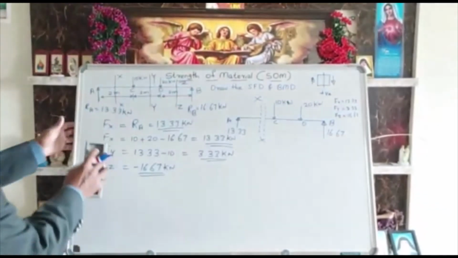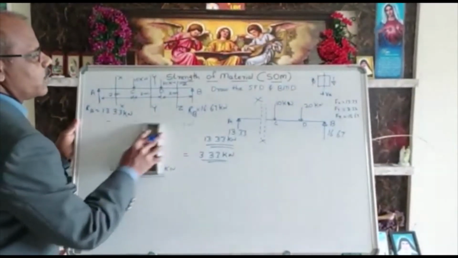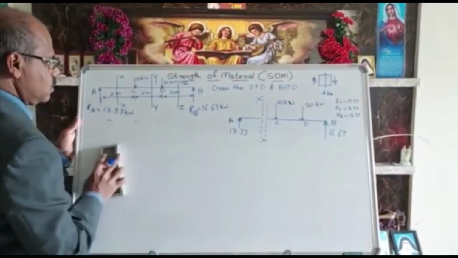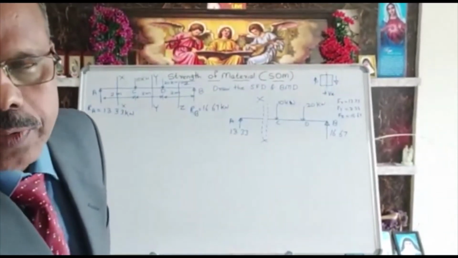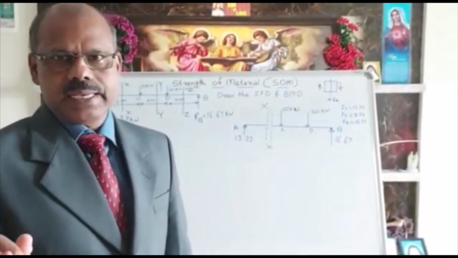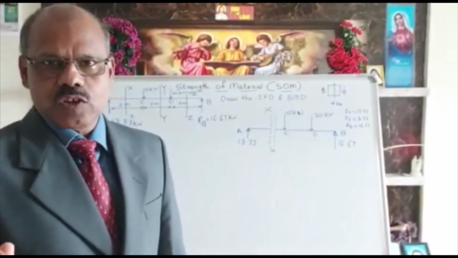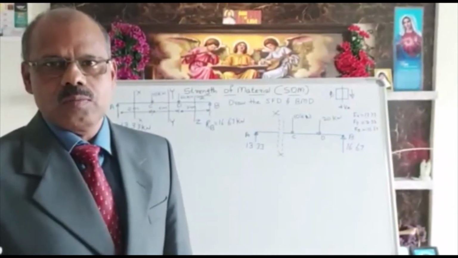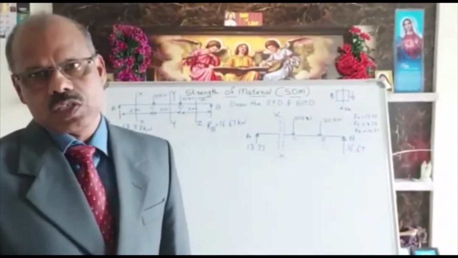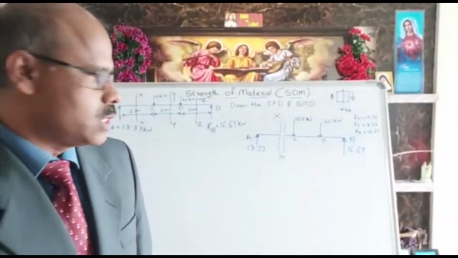Now let us calculate bending moment. What is bending moment? Bending moment at any cross section of a beam is the algebraic sum of the moments of all the forces.